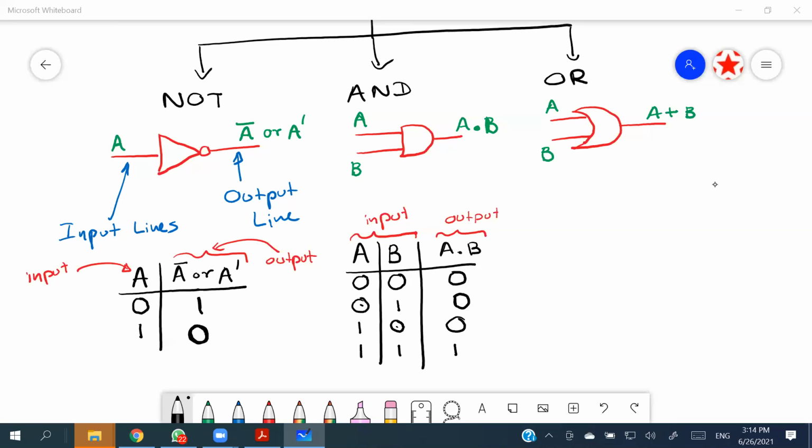Can you recognize that to output a 1 through an AND gate, both the inputs should be 1? If either of the inputs is a 0, you are going to receive a 0. So it's better you remember the pattern.